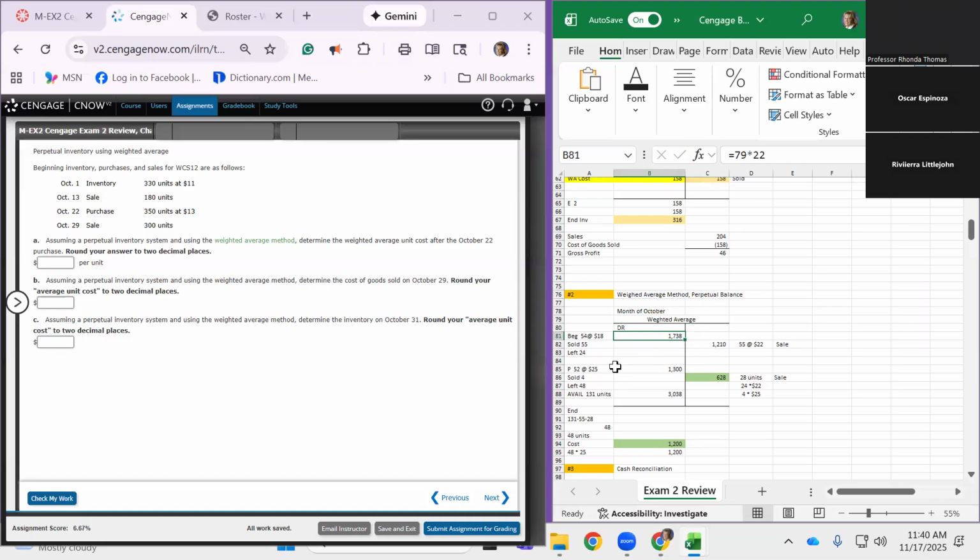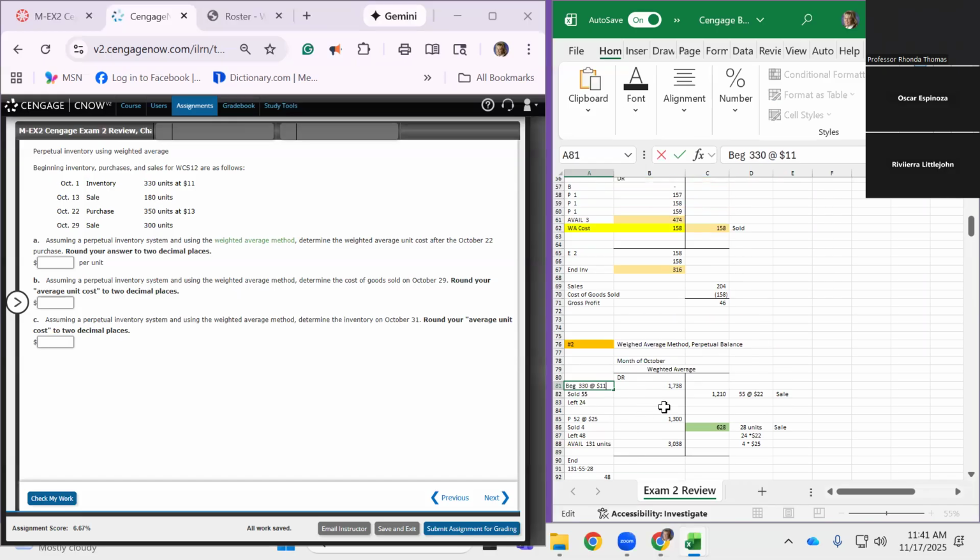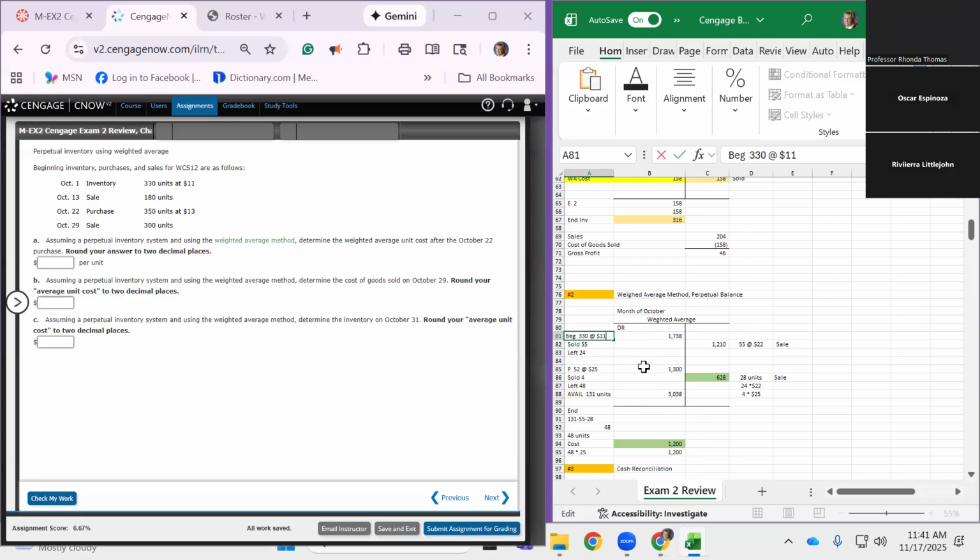So we're going to begin inventory. How many do we have in the beginning? In my problem, I have 330 items at a cost of 11. I'm just going to put this number in here and then I'll worry about calculating everything else.